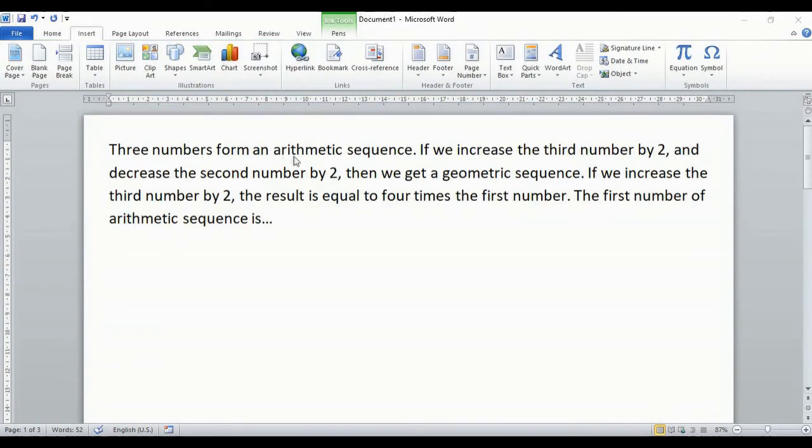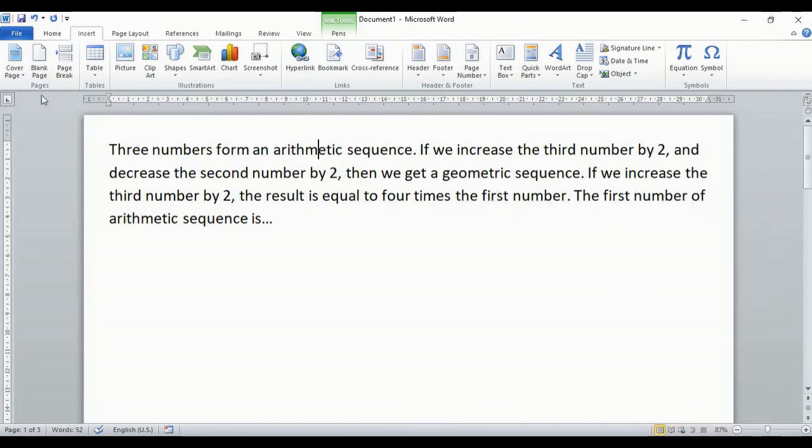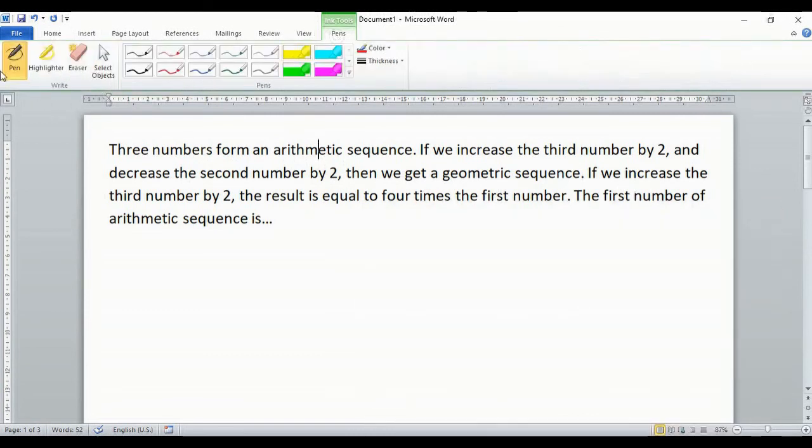Three numbers from an arithmetic sequence. We know that an arithmetic sequence is the first term, the second term, and then the third term, right? We know that an arithmetic sequence always has a difference D, right? So we can rewrite again with A1, A1 plus D, A1 plus 2D. From here, this is called an arithmetic sequence.